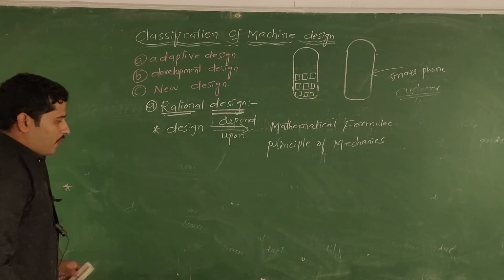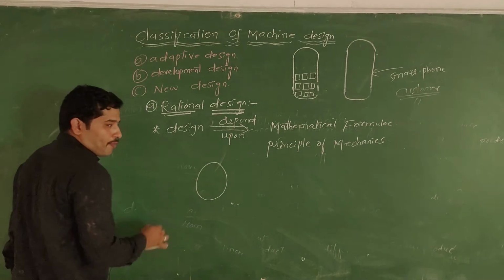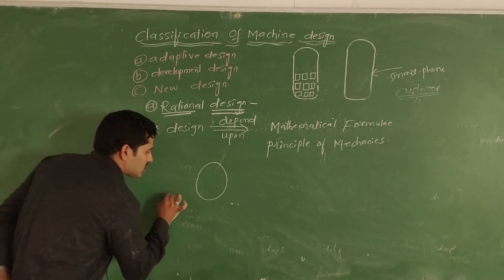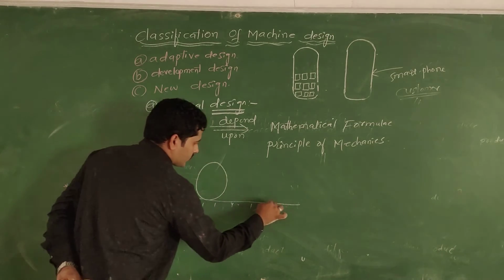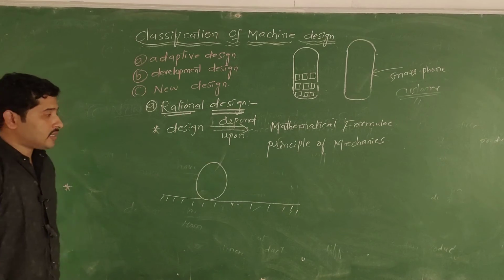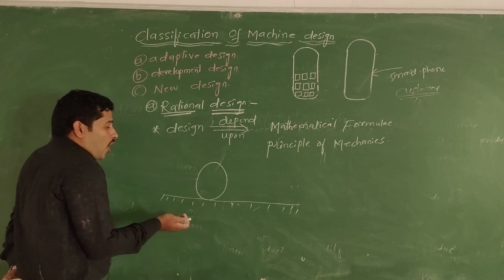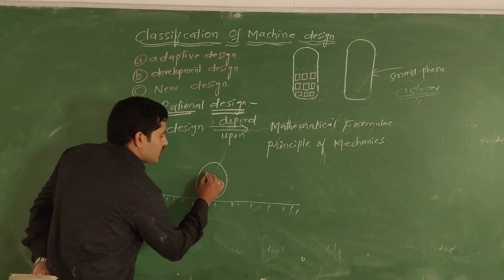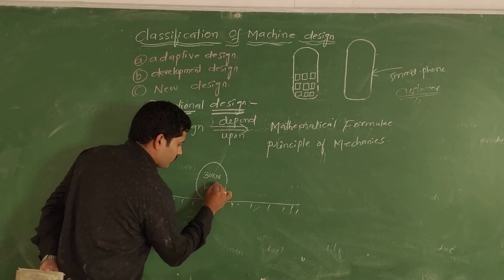I will give you an example. Let us see a ball or a body resting on a horizontal surface. The body's internal resistive force is 30 kilonewton.